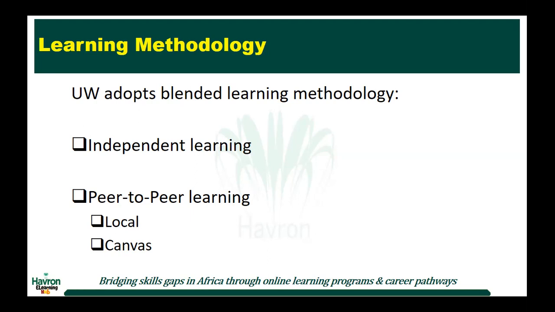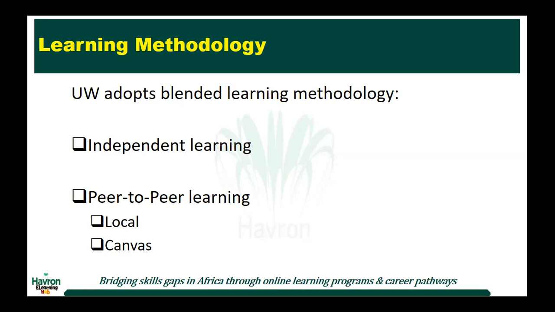Then Canvas is the learning platform where the study materials are uploaded. And it is based on a modular structure. Every week, one module is released. And so participants will download or read through those materials between Monday and Sunday and take the quiz, respond to discussions, because you also will be assigned to some group at the Canvas level.